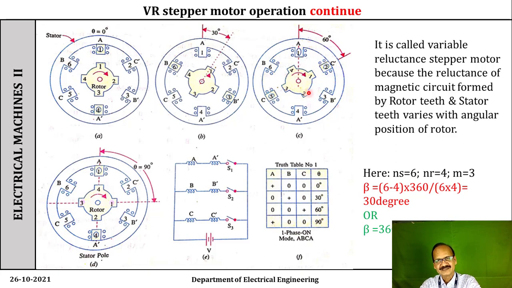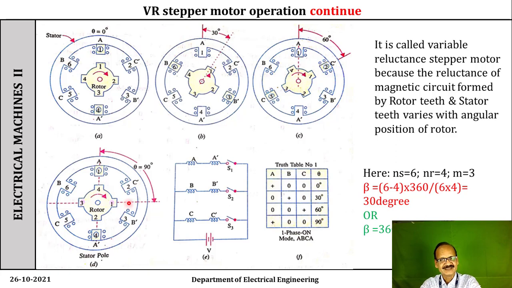These two will get rotated in a forward direction through 30 degrees, and the rotor teeth 2 and 4 will get aligned with stator poles 4 and 1, which is shown in figure D. The rotor further rotates through a step of 30 degrees in a forward direction, totaling 90 degrees up to this.